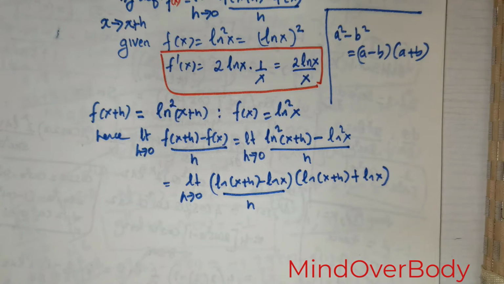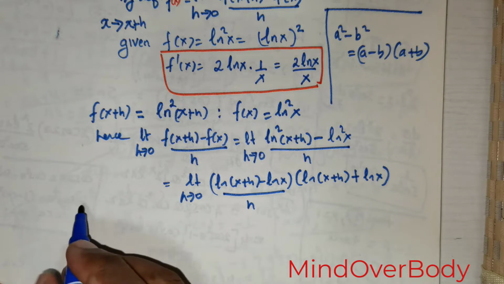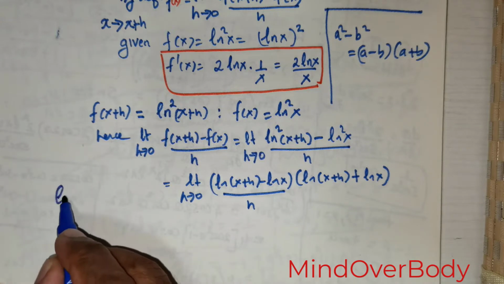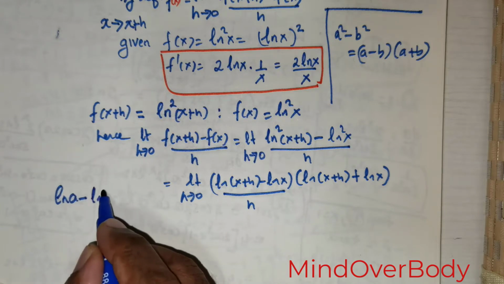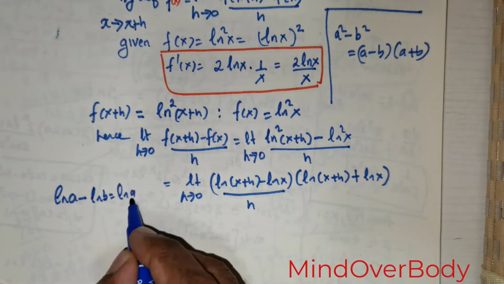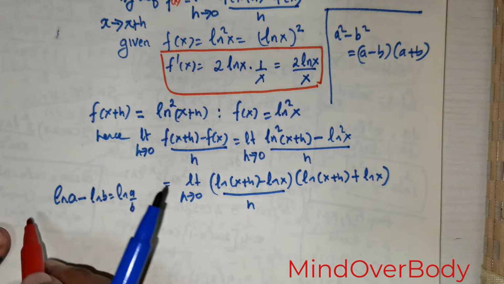So now the question comes, how are we going to alter this so that we are able to get the solution? Now we are going to be using this very important logarithmic formula, ln of a minus ln b is equal to ln of a over b, right?